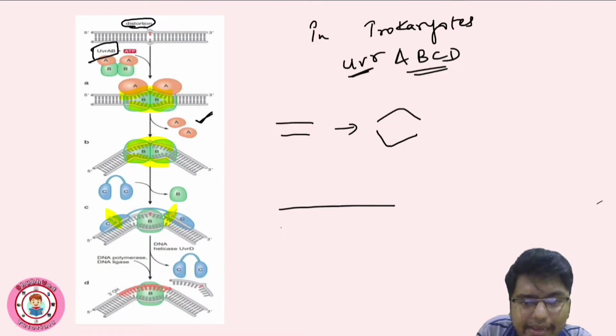Let's draw the DNA. Here is the lesion, the damaged nucleotide. This is the 5' and this is the 3'.